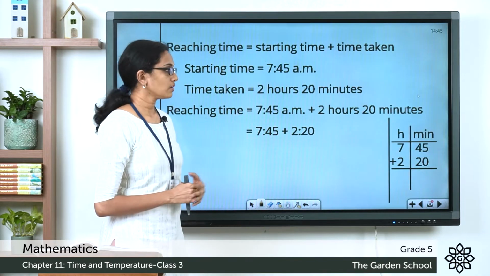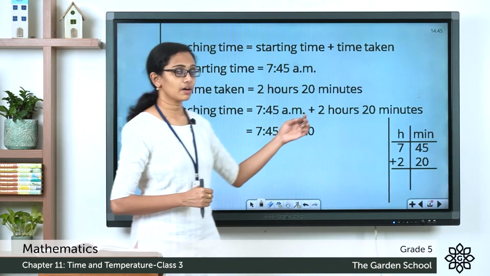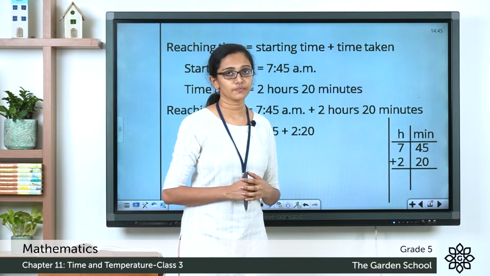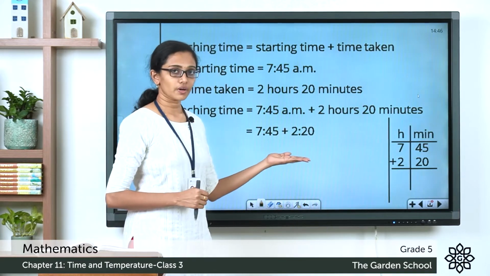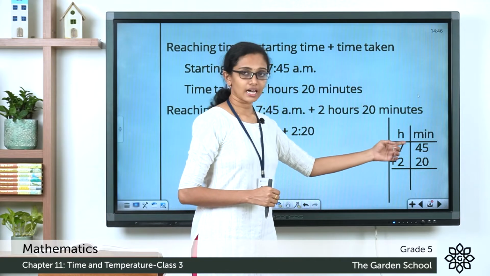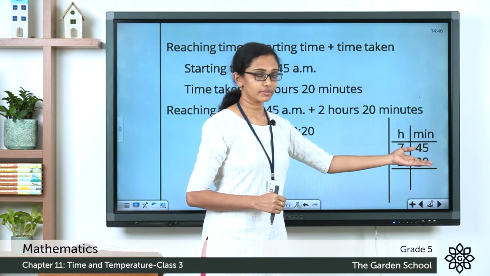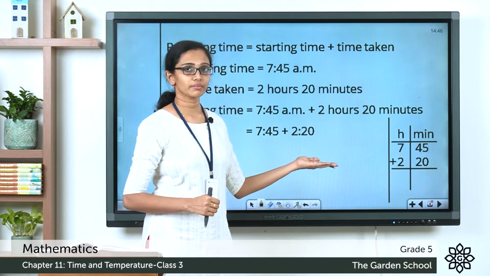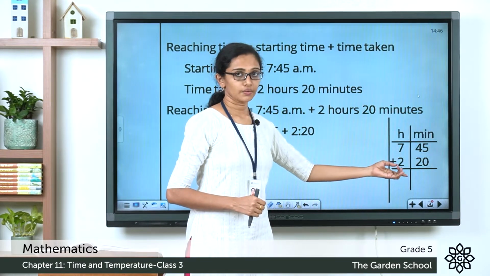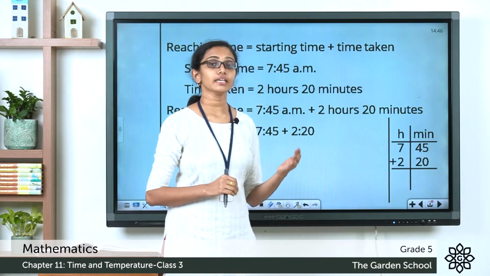See, we have drawn a grid and we have a column for the hours and a column for the minutes. From 7:45, we have written the 7 in the hours column and 45 in the minutes column, and this 2 hours 20 minutes, 2 we have written in the hours column and 20 in the minutes column.